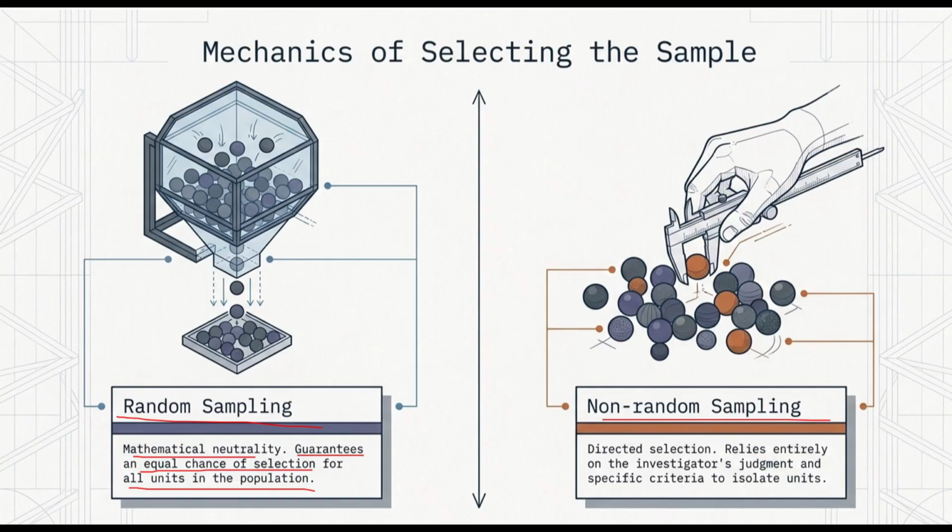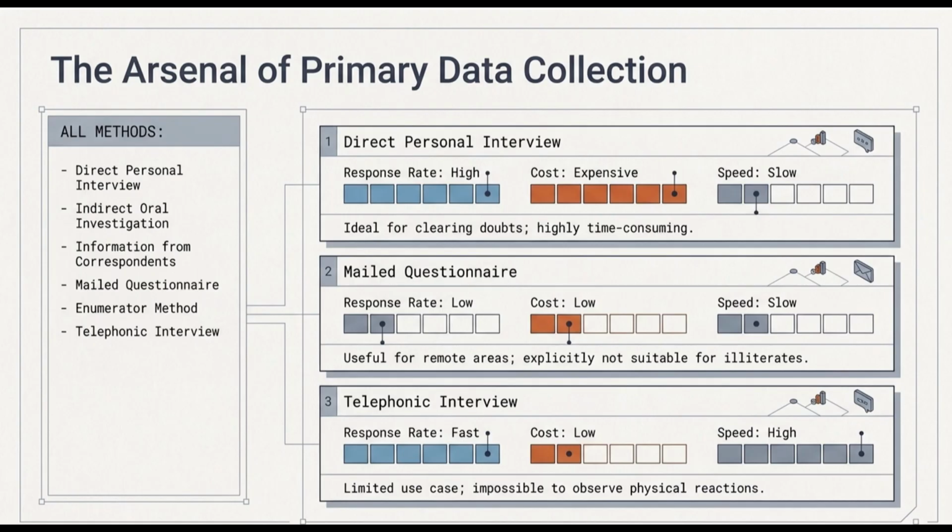And what about non-random sampling? It depends on the investigator's judgment. Directed selection relies entirely on the investigator's judgment and specific criteria to isolate the units. So this is how these two types of sampling work.